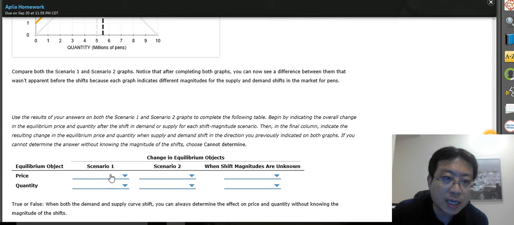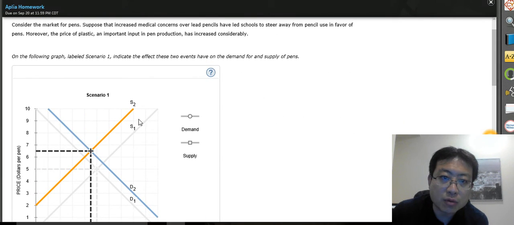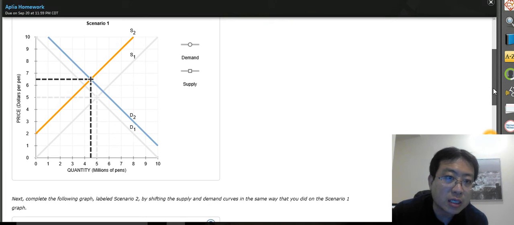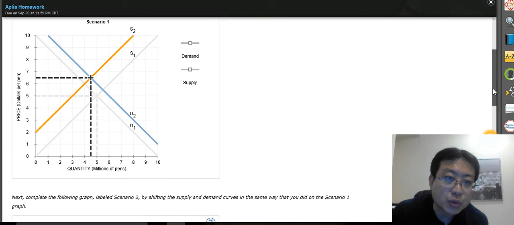So in scenario 1, let's look at our price and quantity. Go back up. So in scenario 1, before the change, the equilibrium was at 5 and 5. With the change, our new equilibrium is at 4.5 for quantity and 6.5 for price. So price increased to 6.5, but quantity actually decreased to 4.5.